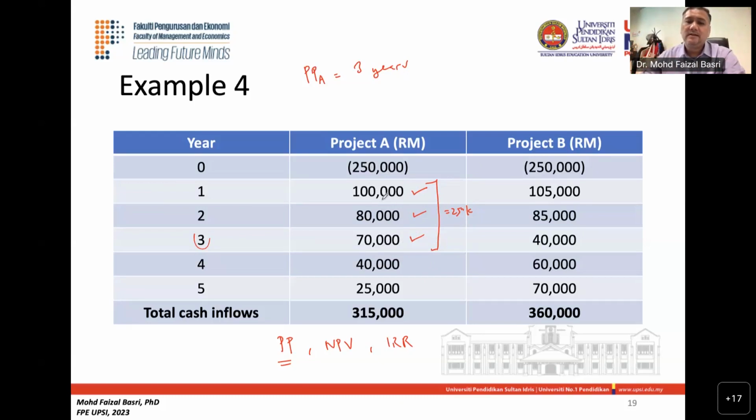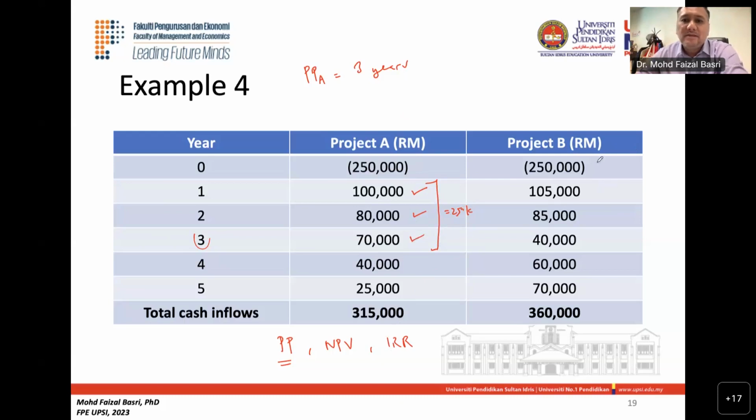Balik modal in Malay. How long it takes for you to break even. So in this case, project A requires exactly 3 years. We don't have to calculate, we just add one by one. If we get exactly the same as the cost, we don't have to do anything else. We know the payback period is 3 years.